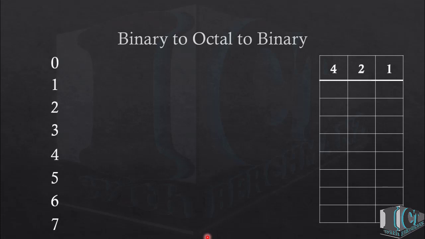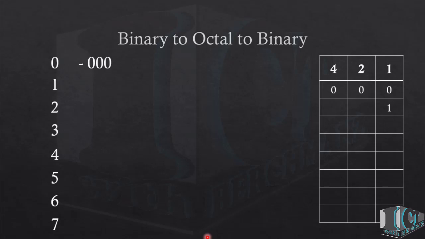Let's look at 0. If you can see in the table, I am not going to add any of these numbers to create 0. So 0 is none of these values, and the value of octal 0 would be binary 000. Now let's look at the second one, 1.